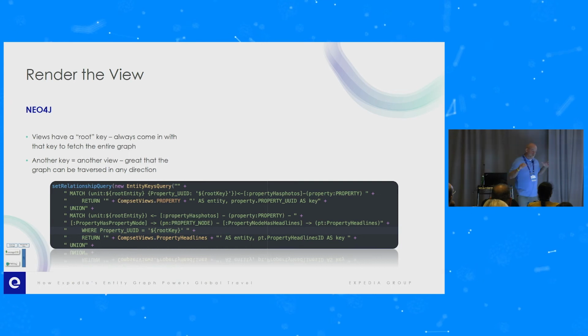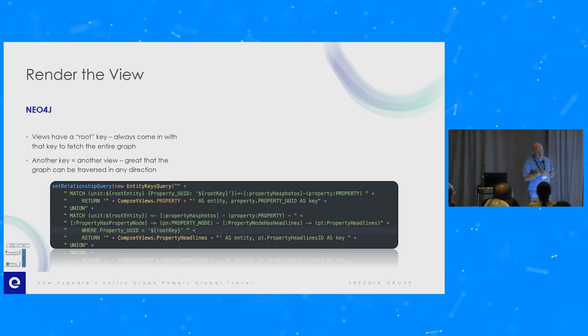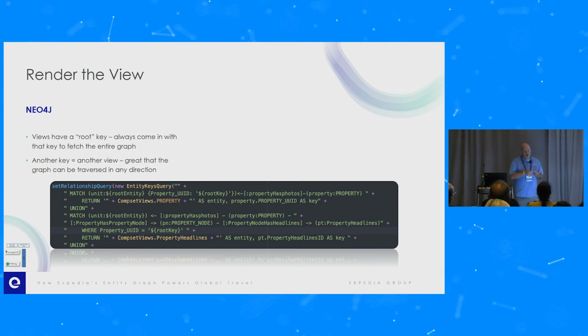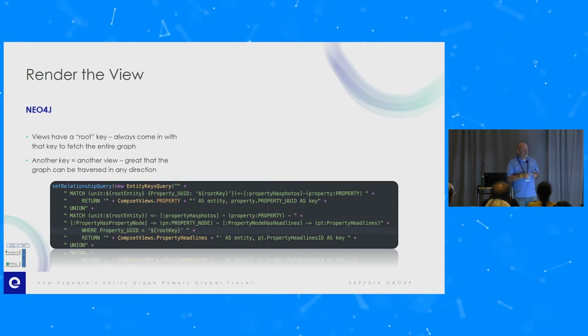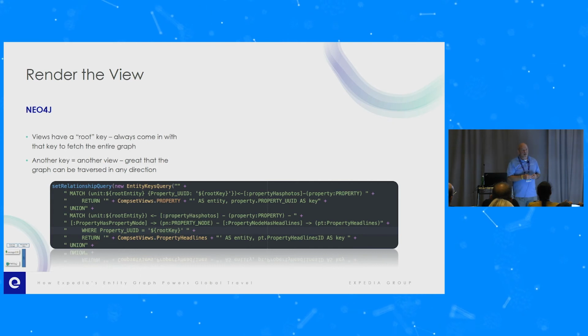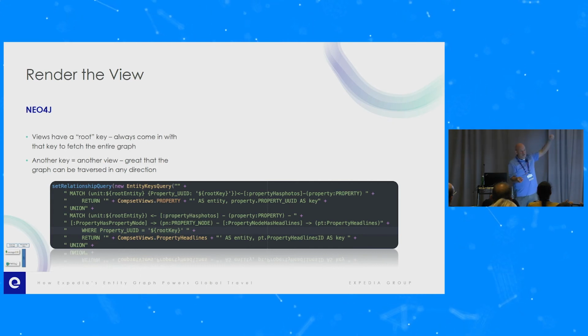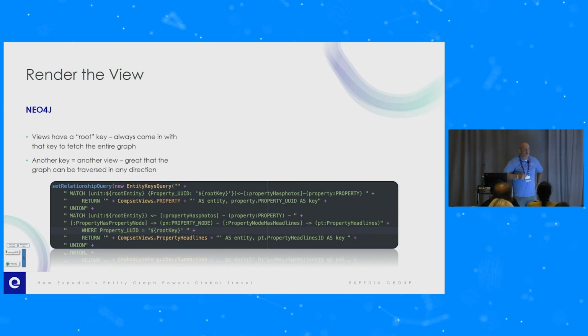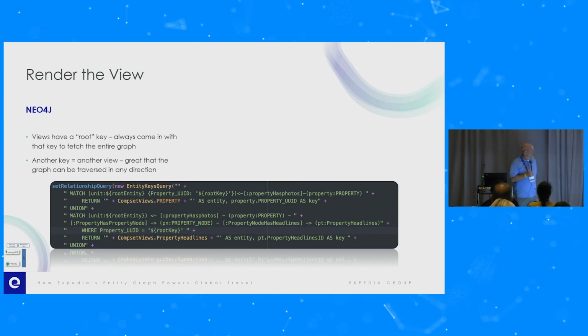So I want to firm this up, and I'll show you how the view is rendered. We're going to talk about this concept of what's called a root key, or you may call it an anchor, right? So you can come in with a key in the graph. You query the graph, you get the chain, and then you can go over to Mongo and by key, grab all the bits that hydrate that view in Mongo.